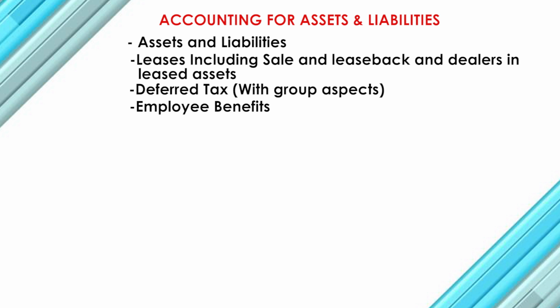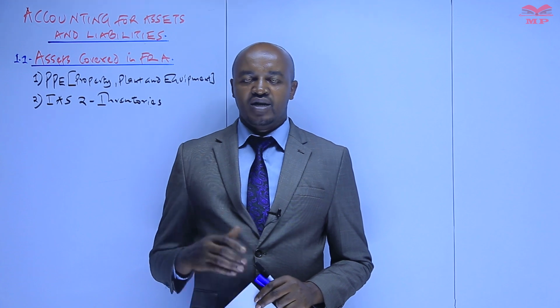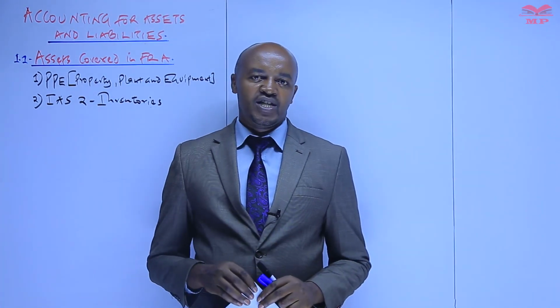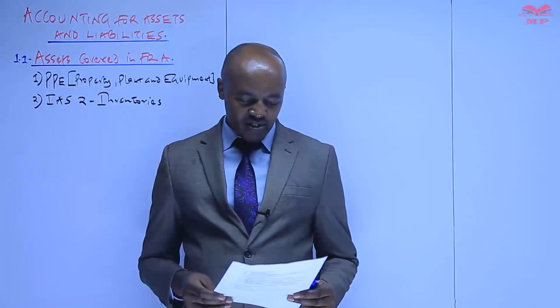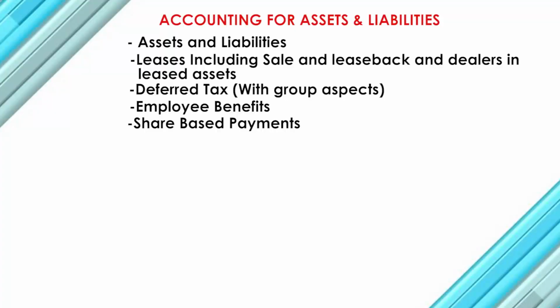In subtopic number 5, we are going to look at accounting for share-based payment, whereby we define what a share-based payment is, look at the various types, and how they are recognized and measured in the company's books of account in accordance with IFRS 2, International Financial Reporting Standard number 2.